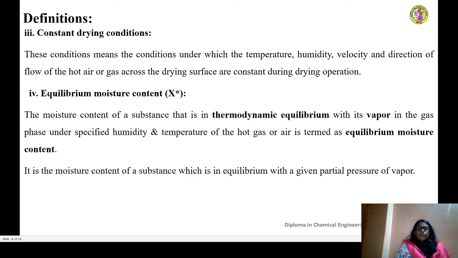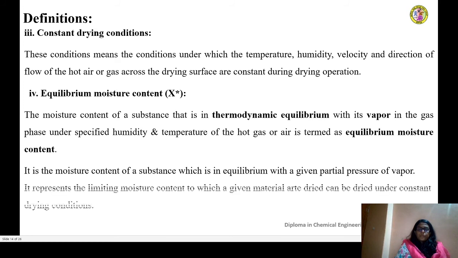So it is that moisture content of the substance which is in equilibrium with the given partial pressure of the vapor. Excuse me for a mistake over here. I'll repeat the sentence correctly.